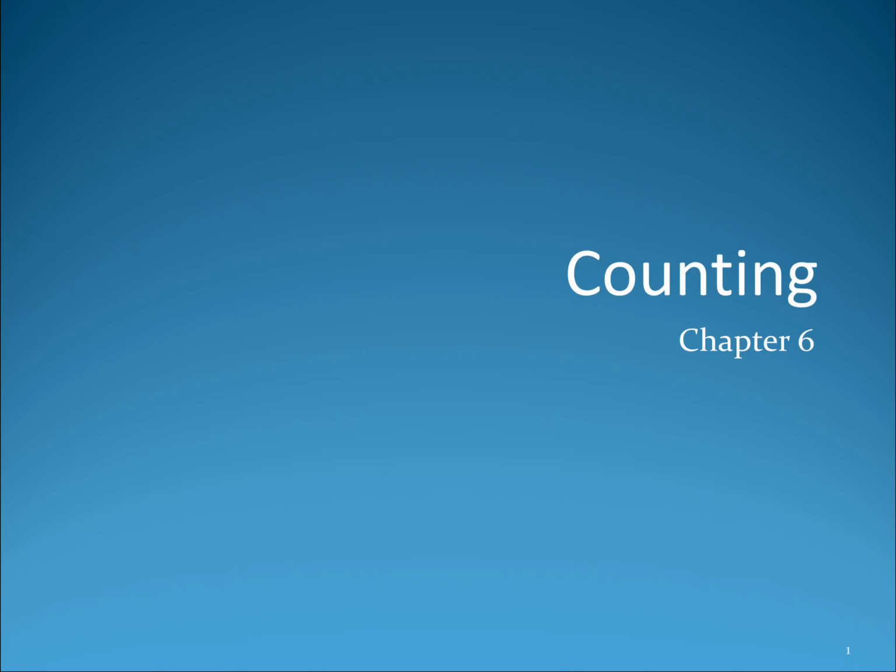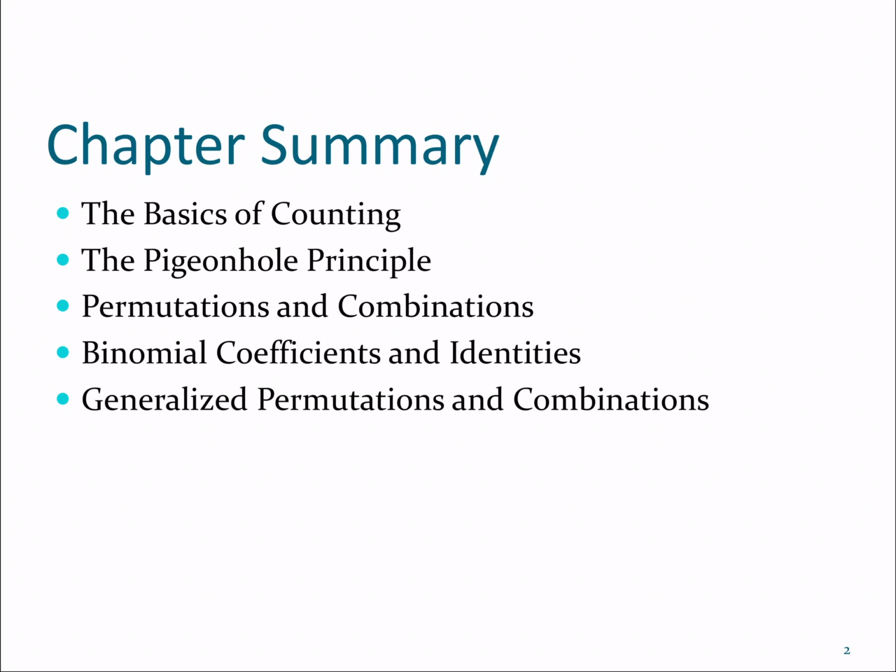This is chapter 6. In this chapter we're going to look at the counting skills. The objective for this chapter includes the following. We're going to look at the basics of counting, pigeonhole principle.